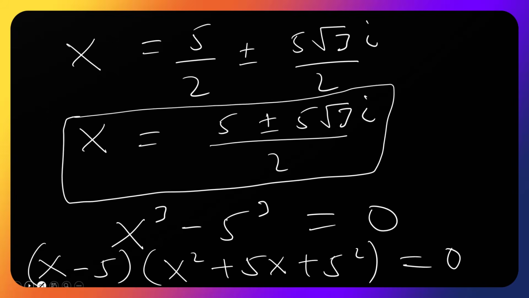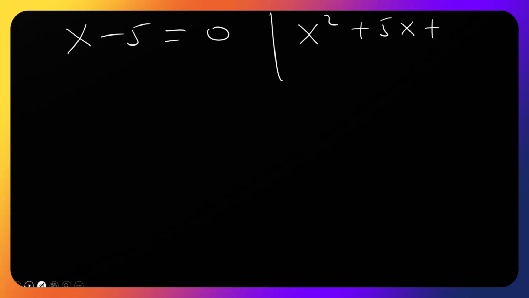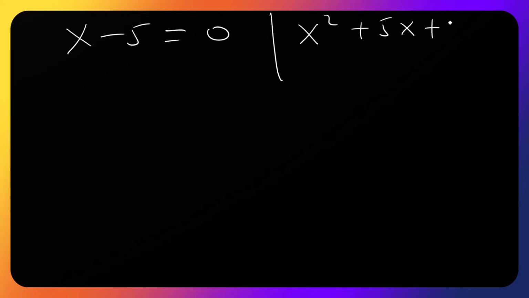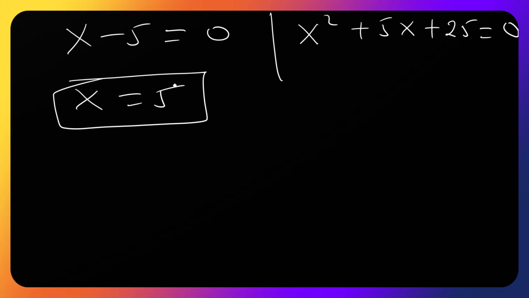So from here, x minus 5 equals 0, or x squared plus 5x plus 25 equals 0. So we have x equals 5. That's our fourth solution. This one also gives us the fifth and sixth solutions.